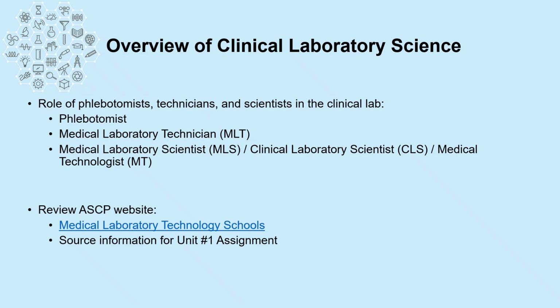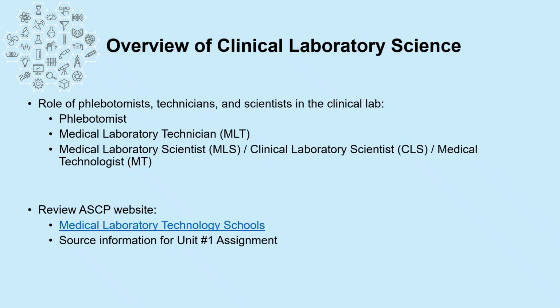So let's jump back into laboratory professionals and the general types of laboratory professionals that you may see in a clinical lab. First off, we have phlebotomists. Phlebotomists' main roles are collecting specimens, transporting specimens, usually receiving specimens in the lab, and then distributing those specimens to the appropriate department for testing.